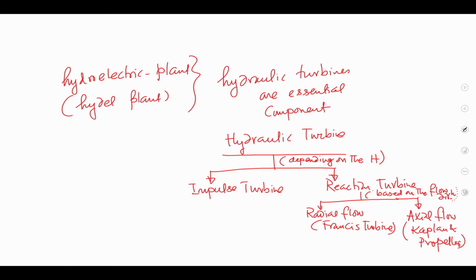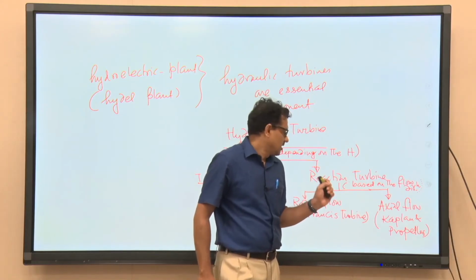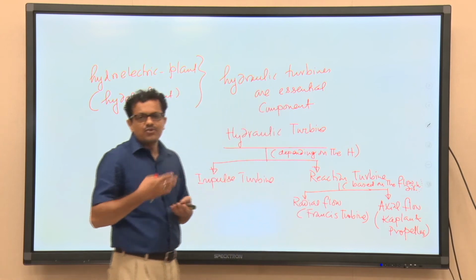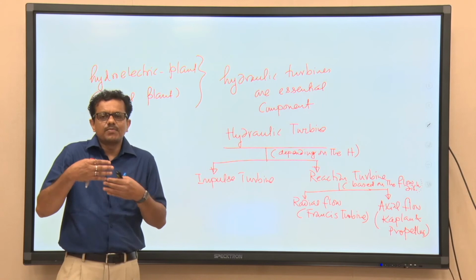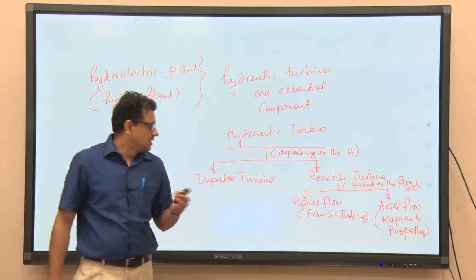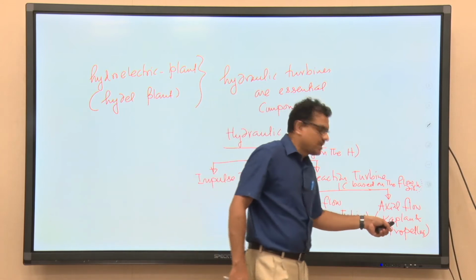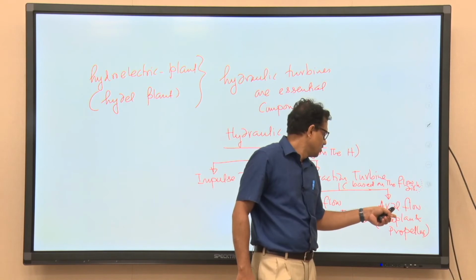Kaplan and propeller, these two types are the axial flow reaction turbine, but depending on whether the blades are fixed or adjustable, these two sub-classifications are there.